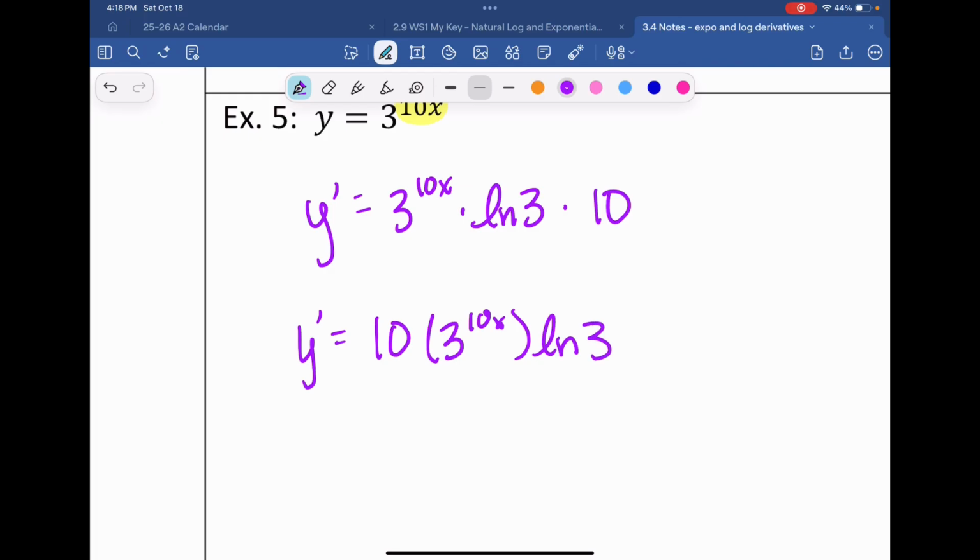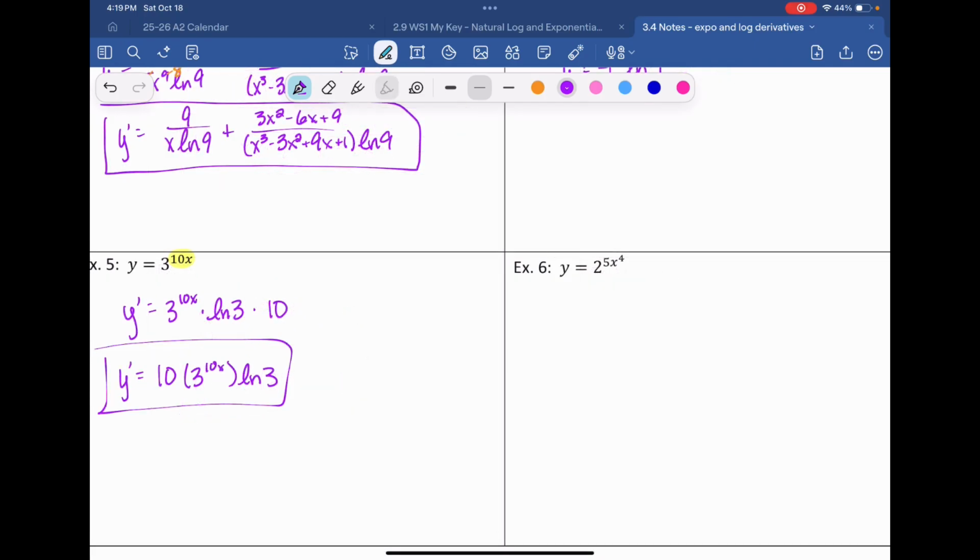That doesn't look right. I guess it is. Okay, we'll go with it.